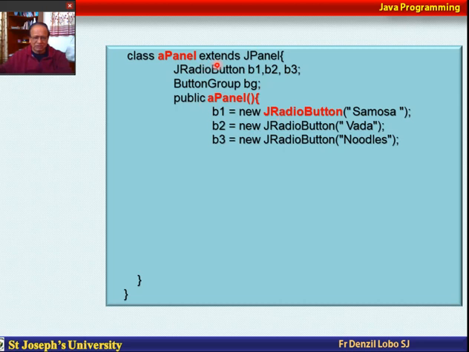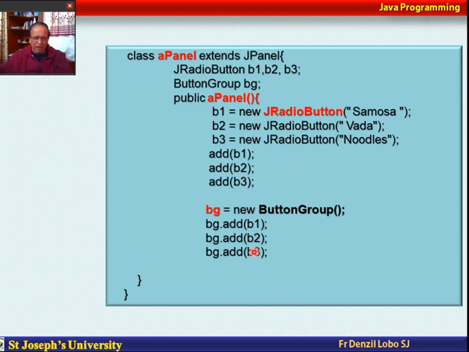I create button samosa, button vada, and button noodles, B1, B2, B3, in that A panel. Then I add B1, B2, B3 to this A panel, create the button group BG, and add B1, B2, B3 to that button group. So this way we have created A panel, with three radio buttons added to the button group.